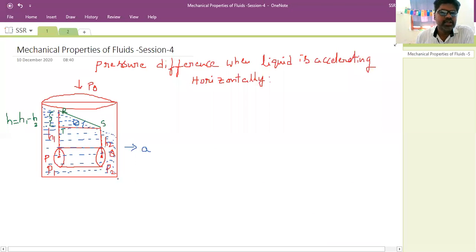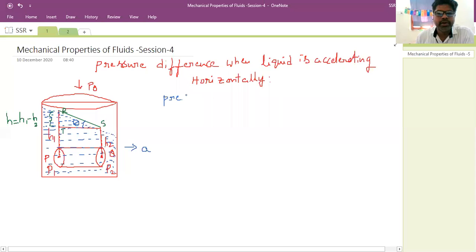Now you can calculate the pressure difference at two horizontal level points. Up to the previous discussion, we observed pressure difference vertically. Now in this case we can observe the pressure difference at two horizontal level points. What is the pressure at point P, P1?